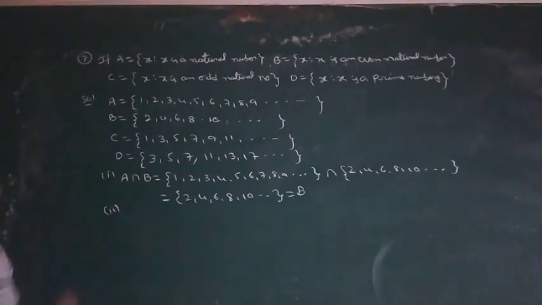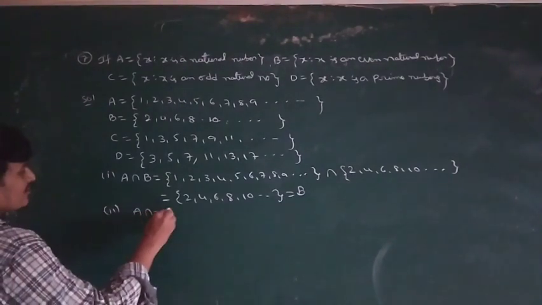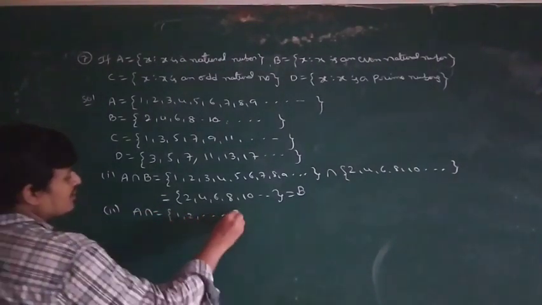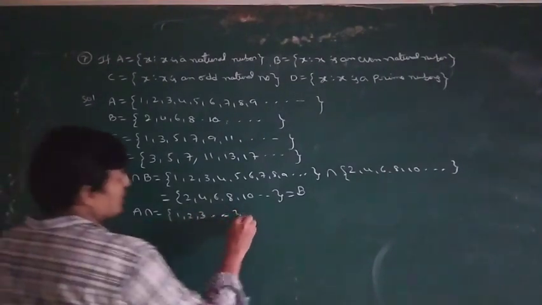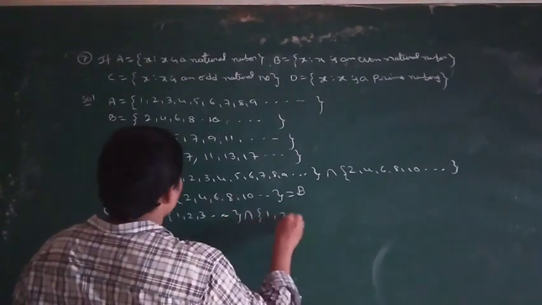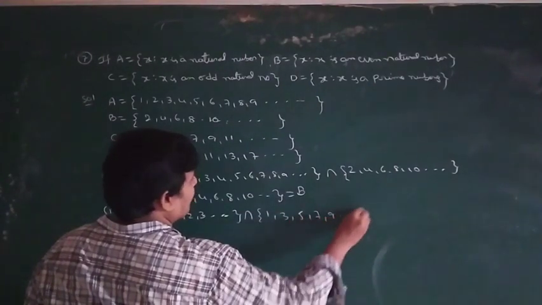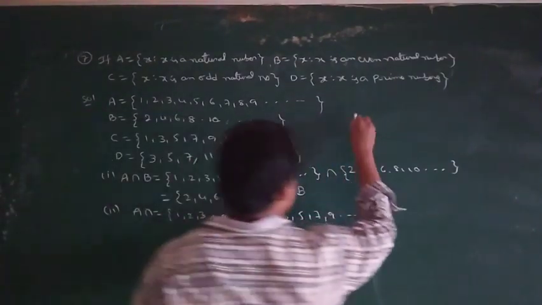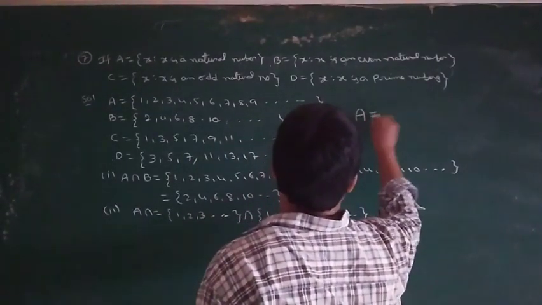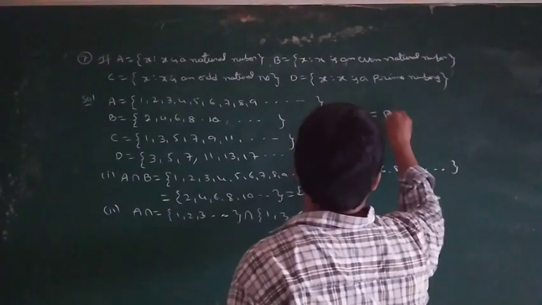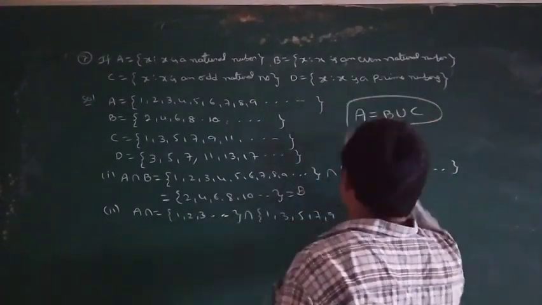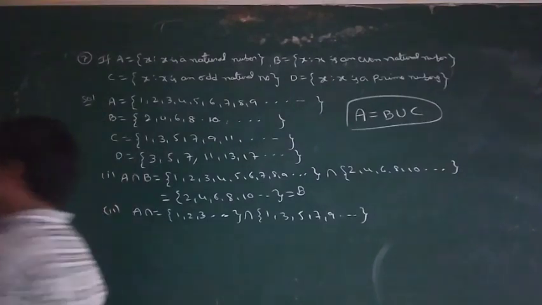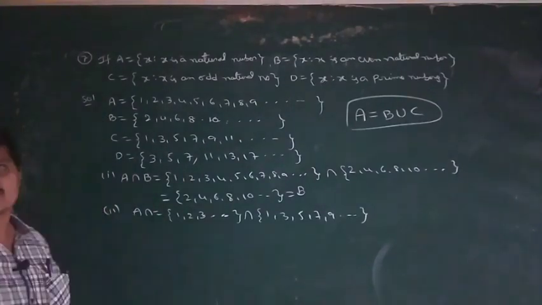So what is the second one? A intersection C. What is A? 1, 2, 3 and so on. Intersection C is equal to 1, 3, 5, 7, 9 and so on. So meaning what, then A is equal to B union C, because the natural numbers are divided into two parts.